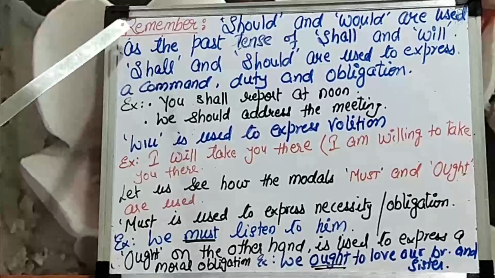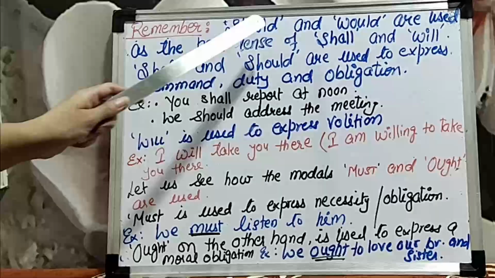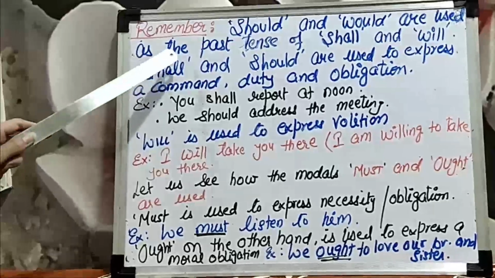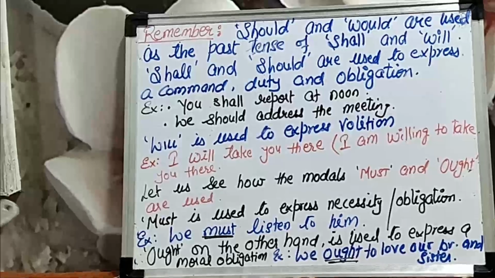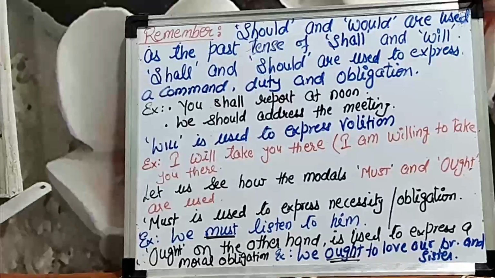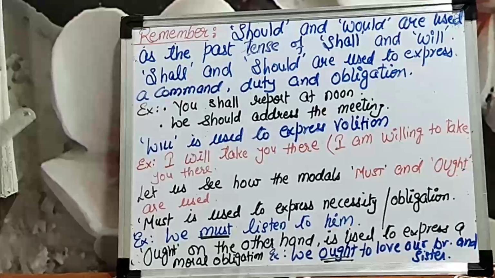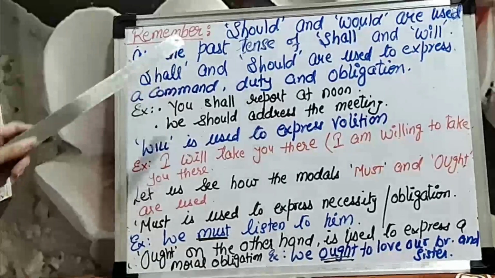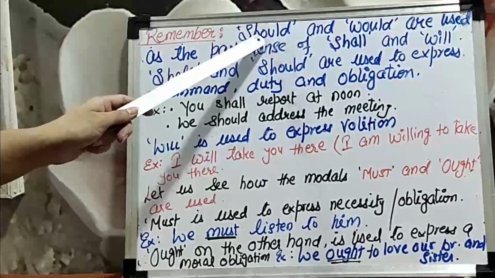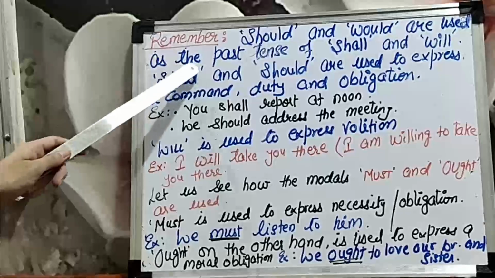Now, what do you have to remember? Should and would are used as the past tense of shall and will. As we learned in the previous example, shall and will are for the future tense, and should and would are used as their past tense.